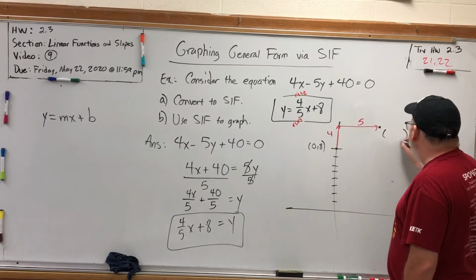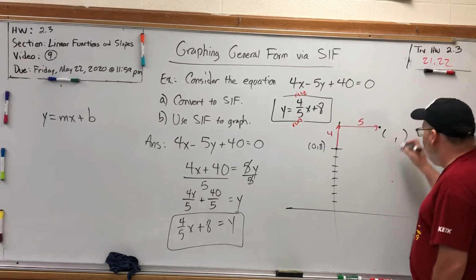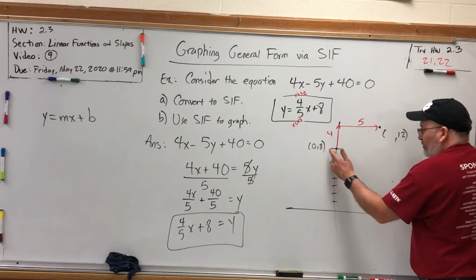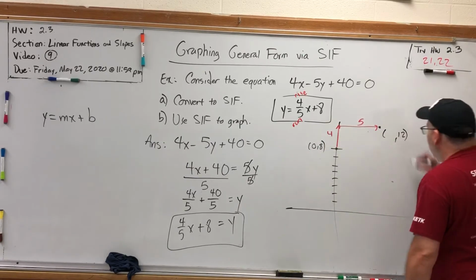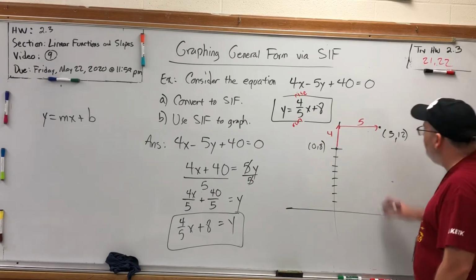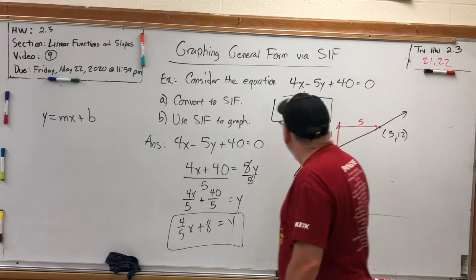Well, let's start with the rising. This point is up 8 and it just went up 4 more. So now it's up 12. And now let's start with the running. The original x was 0, it just went 5 to the right, so now it's at 5. So we're at 5, 12. And if I connect the dots, there we go.